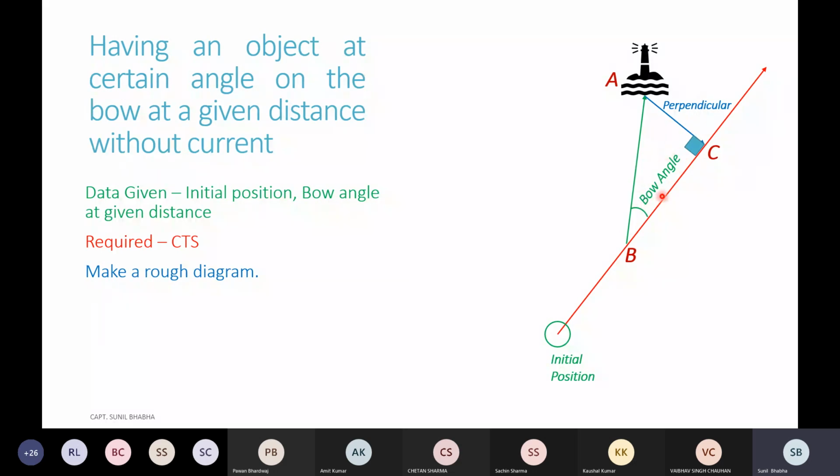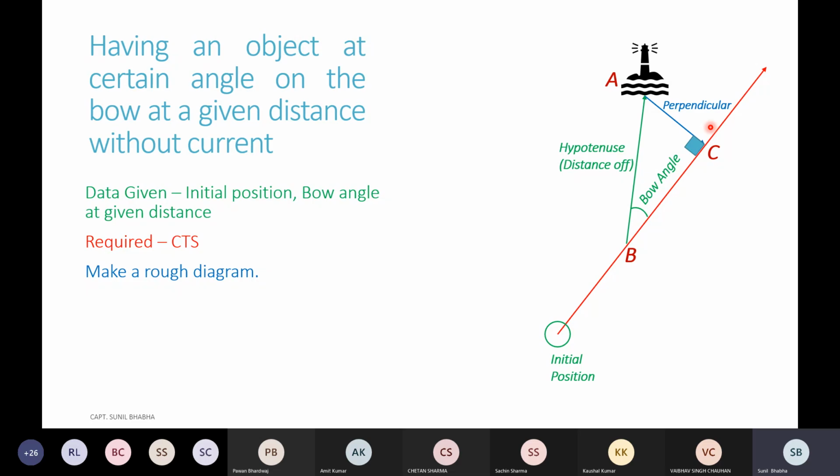If I consider the bow angle, then this side AC is my perpendicular, and the side AB, Alpha Bravo, which is basically the distance from the lighthouse when it is at a certain bow angle, is the hypotenuse. So you see, opposite to the right angle, side AB is the hypotenuse, and side AC, Alpha Charlie, is the perpendicular.